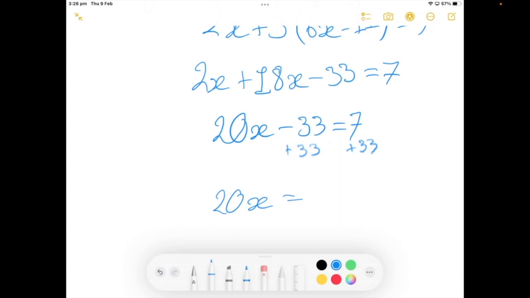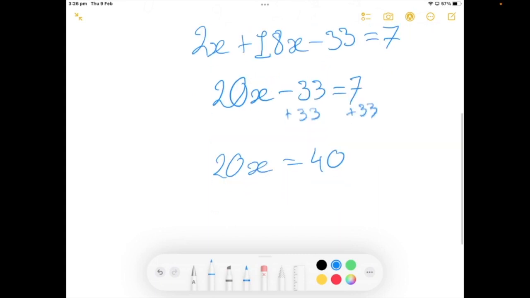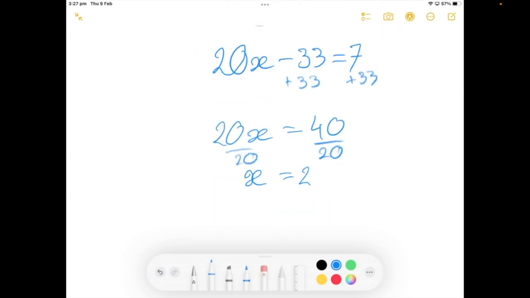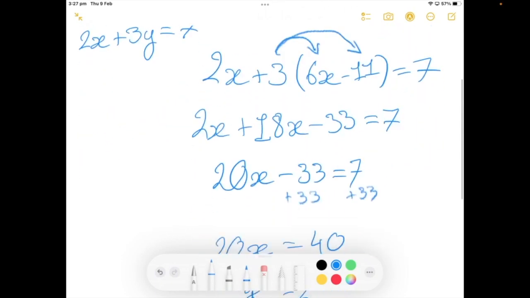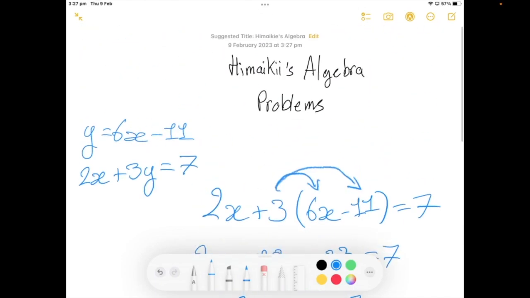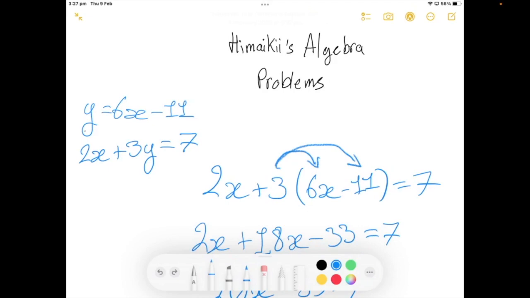x equals 40? That's a bit too perfect, don't you think? 40 divided by 20 is 2. So there you go, divided by 20, divided by 20. To check if this is correct, you could substitute the x in another equation. I need to solve for y. I suppose we could use this one.